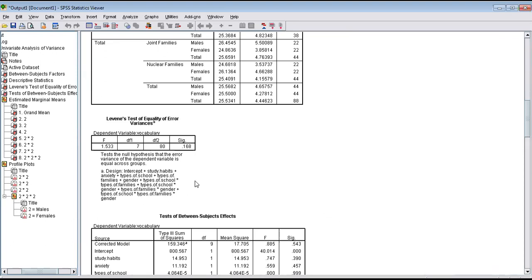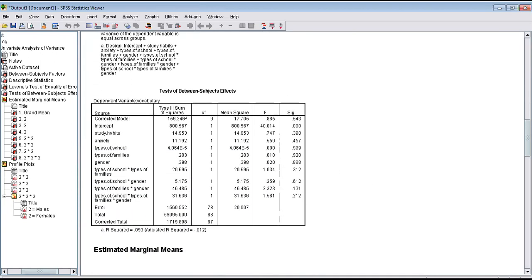Now you can see for vocabulary, the test of equality of error variance is not significant. So whatever the differences are, one group is the same as another. So homogeneity of variance is assumed, absolutely no problem.